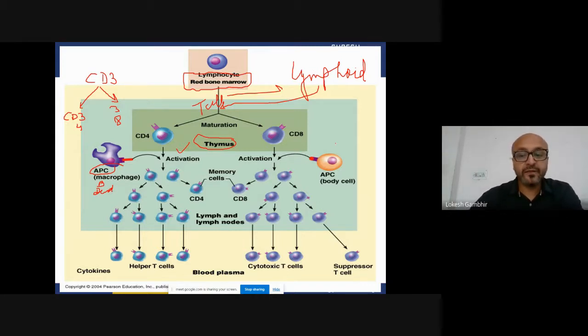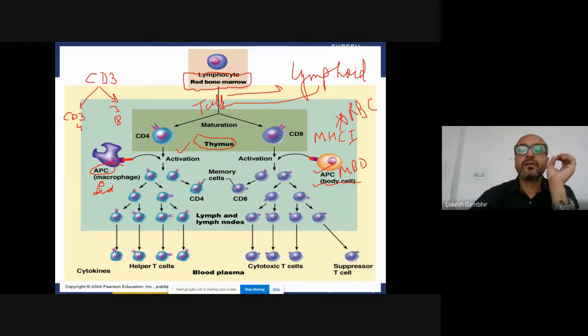Whereas CD8, which gets activated with the help of the MHC class 1 molecule, can be activated by all three APCs we discussed, and by all the body cells present inside the body. That is, all the nucleated cells. MHC class 1 is not present in RBCs, because red blood cells do not have a nucleus.